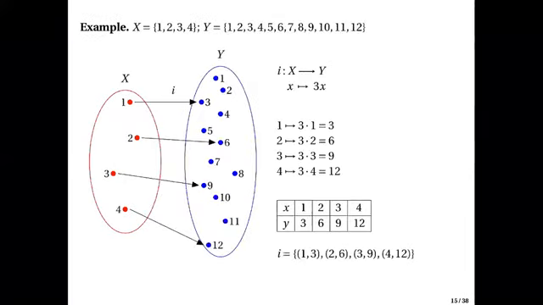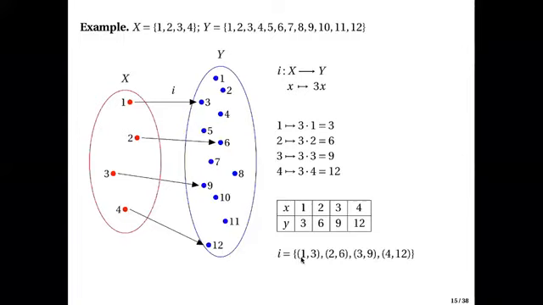Let's look at the function I. Your 1 has a partner which is equal to 3. The 2, its partner is 6. 3 is partnered with 9. 4 is partnered with 12. So you can write the function in this form.